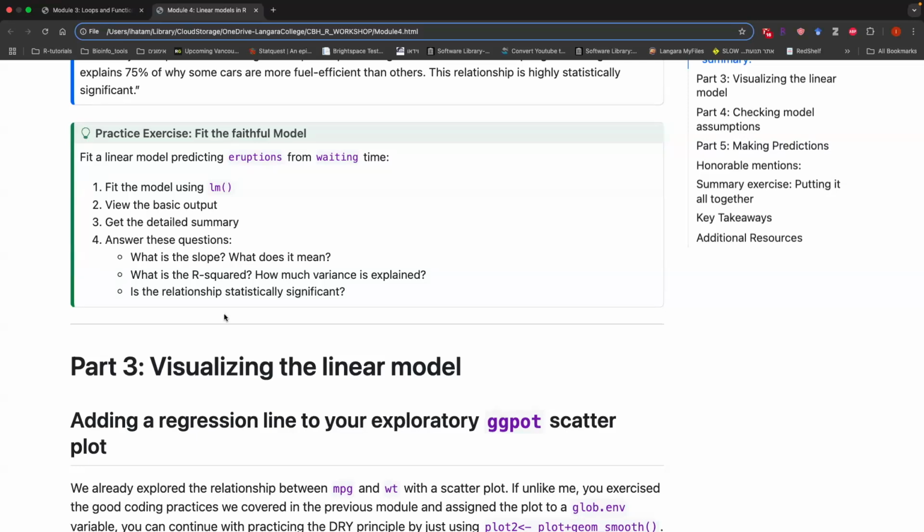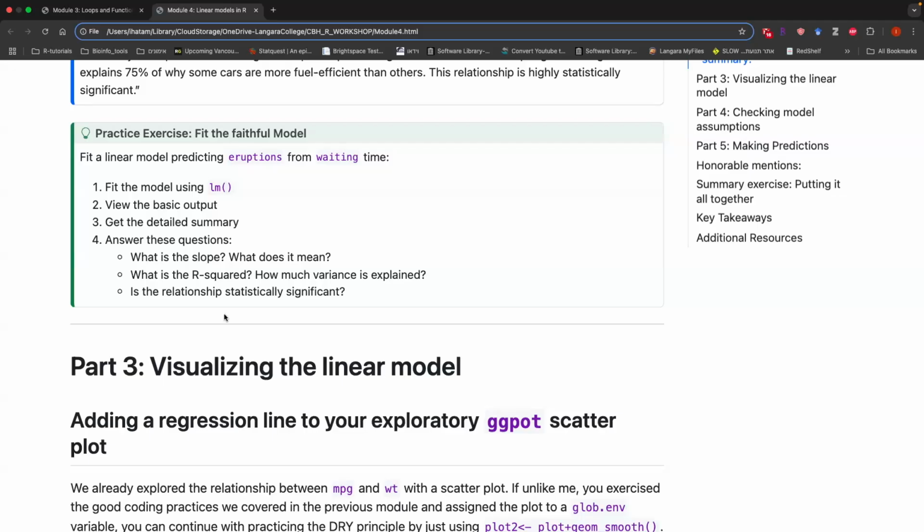You need to run V4 just by itself. How's that going? Good. I think it's summary, yeah, the summary of the model. Faithful model, yeah.